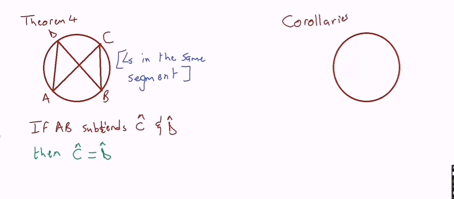So one of the corollaries would say, if I've got 2 equal chords, these equal chords should be able to subtend equal angles at the circumference, as long as I know that the chords are equal.